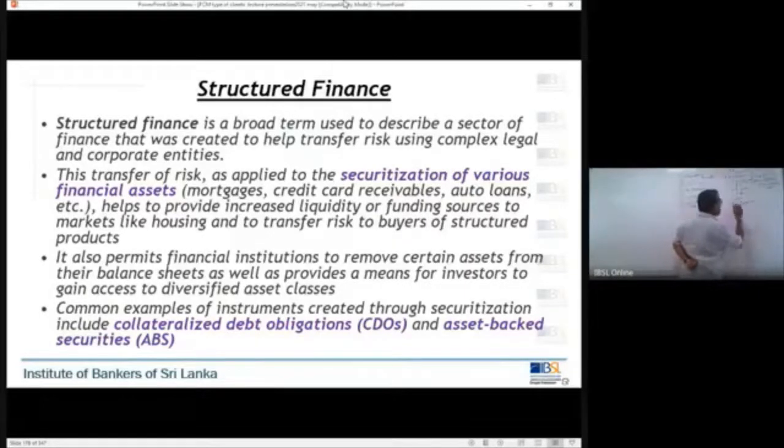What is this SPV doing now? The SPV segregates the entire portfolio and creates separate credit products. These we call asset-backed securities, ABS. Say maybe this is 20 billion, maybe 10 billion, 50 billion, 60 billion, like that. They work it out.